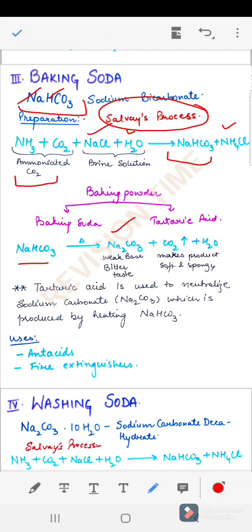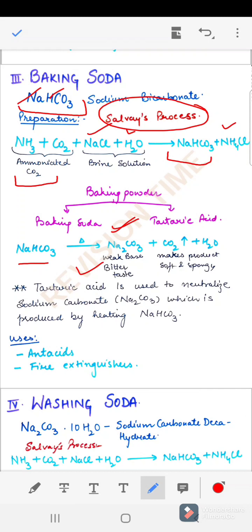The sodium carbonate produced is a weak base having a bitter taste, and carbon dioxide is used for making bakery products soft and spongy. Also the tartaric acid is used to neutralize the sodium carbonate produced by the heating of baking soda, right?